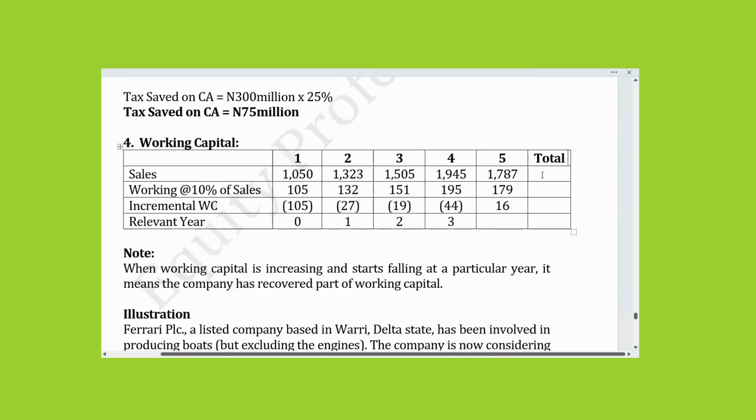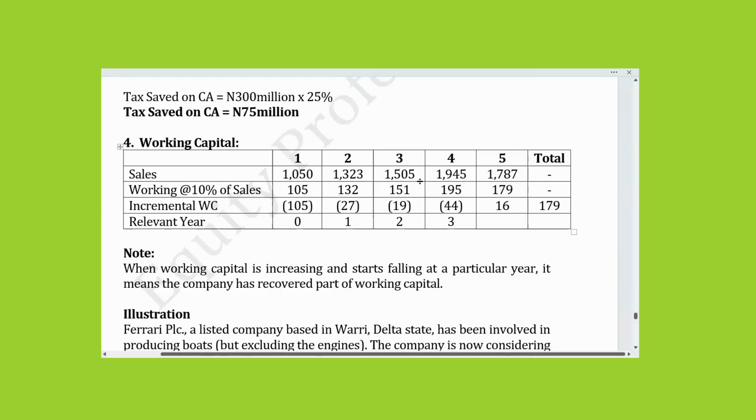So the total working capital will then be equal to 195. Out of the 195, pay attention to this. We said 195 minus 179, you have 16, right? Then 179 minus 0 will give us 179.